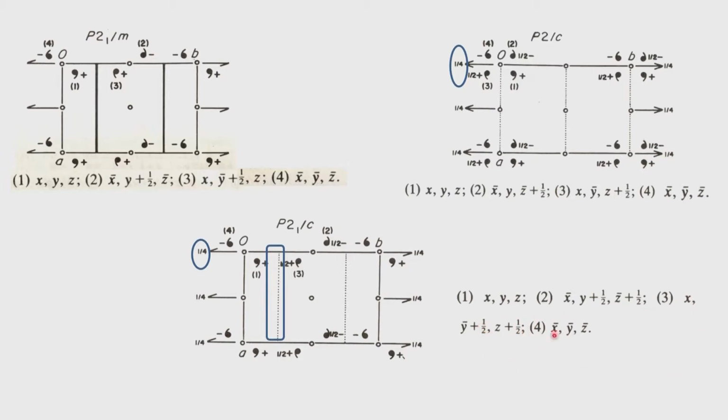The fourth equivalent point obviously gets generated because of the presence of the center of symmetry, which is shown up here. Once again, we see that the translational periodicity will bring this into this position. So, points 1 and 3 are already located here. The 2(1) screw operation has gone outside of the unit cell.